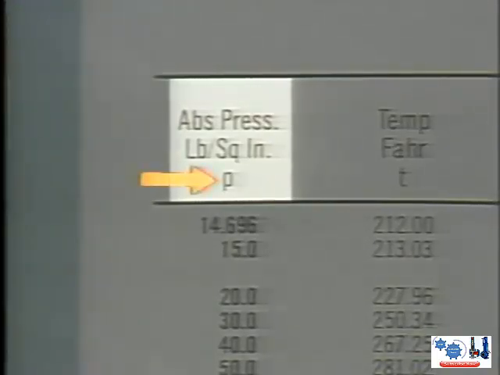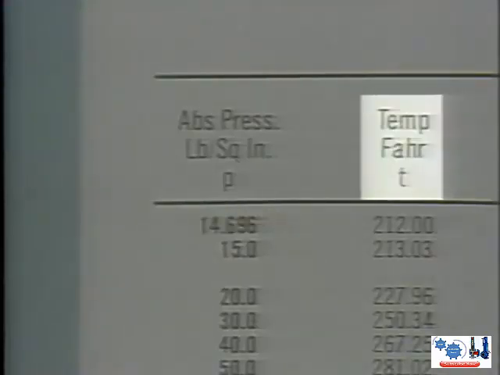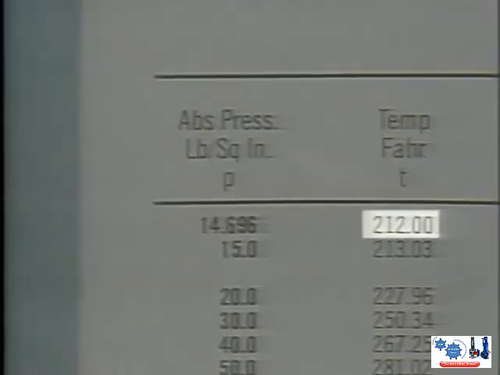Again, the symbol used in this column to identify pressure is the small letter P. We'll use atmospheric pressure, 14.696 or 14.7 psia as our example. The column next to the absolute pressure column is temperature in degrees Fahrenheit. As you would expect, the saturation temperature for water at atmospheric pressure is indicated as 212 degrees Fahrenheit.